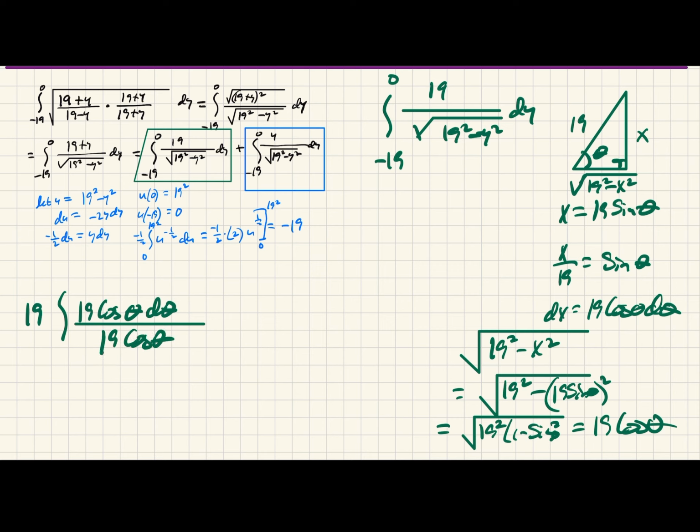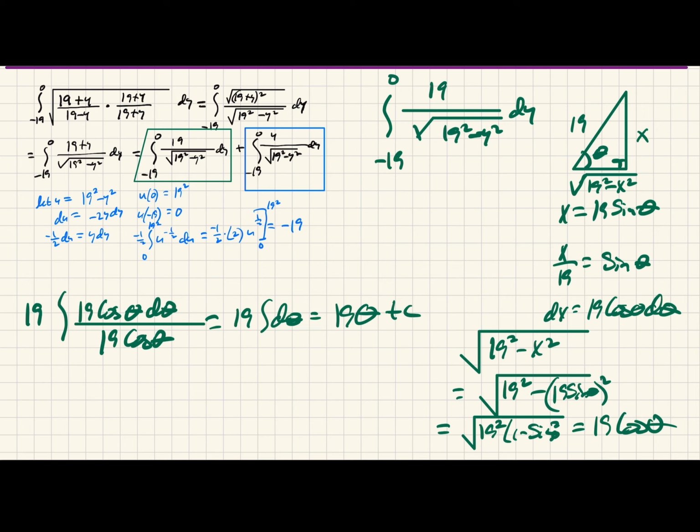Are we all accounted for? Did we get everything? I think so. All right, well, the 19s and the cosines are going to go away nicely, aren't they? So we're just going to have 19 integral d theta. Okay, so that's going to be 19 theta plus any old constant.